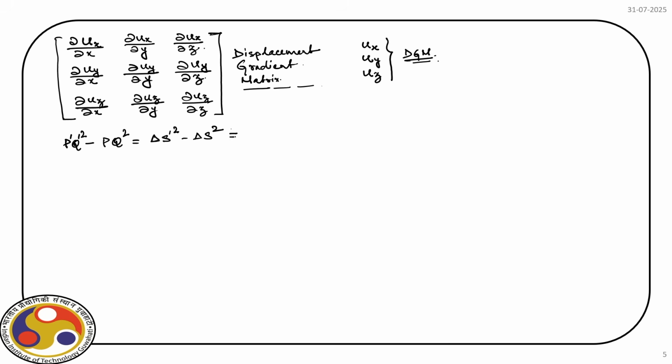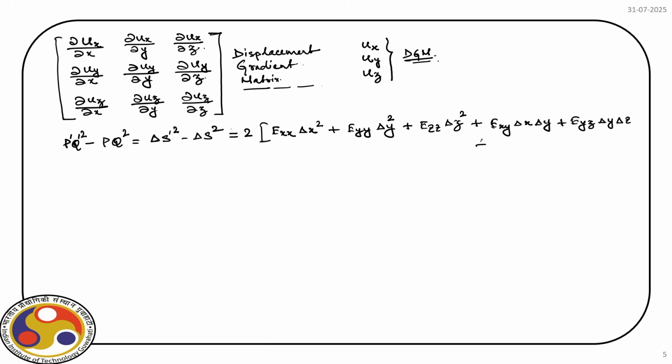And if you look at the expression, what we have got is 2 times, if I just quickly write it once more, E_xx delta x square plus E_yy delta y square plus E_zz delta z square plus we have the shear components E_xy delta x delta y plus E_yz delta y delta z, and the last term is E_zx delta z delta x.